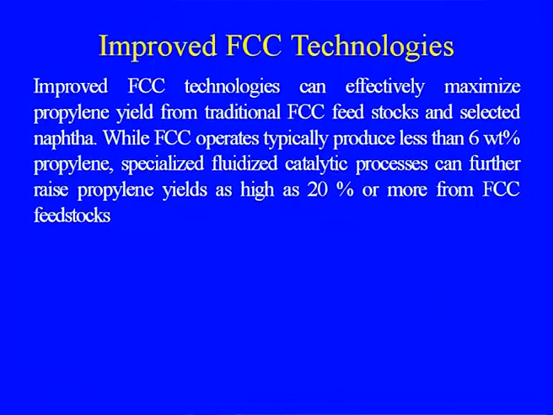Improved FCC technology: as I told you, initially the catalyst available in the case of the FCC gave a low yield of propylene. Improved FCC technology can effectively maximize the propylene yield from the traditional FCC feedstock and selected naphtha, while FCC operations typically produce less than 6%.